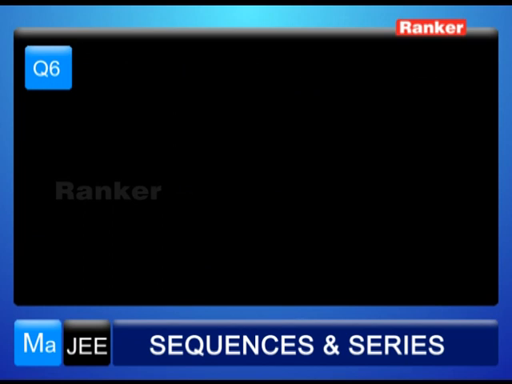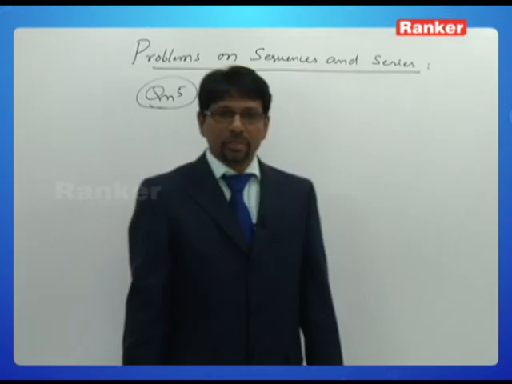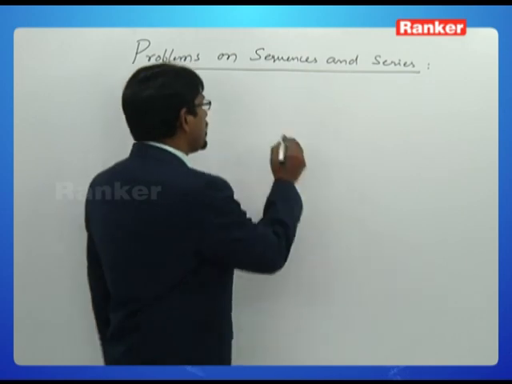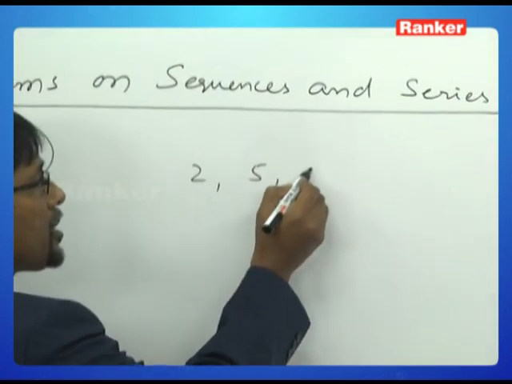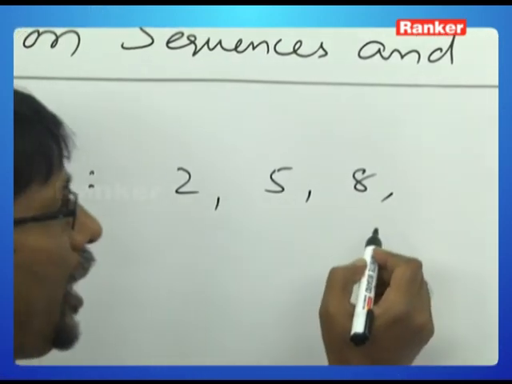Okay, the number of terms common between the two series 2 plus 5 plus 8 and so on up to 50 terms and the series 3 plus 5 plus 7 plus 9 and so on up to 60 terms is 24, 26, 25, none of these. Now let us look at, first of all, what is the question that is asked here. The first sequence that we have is 2, 5, 8.